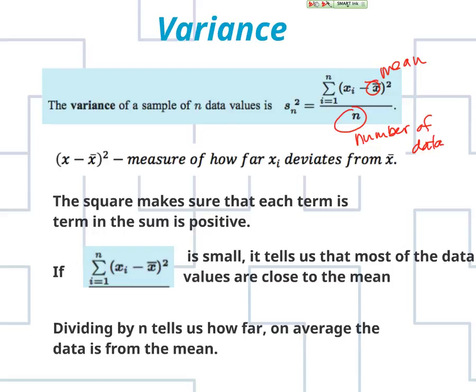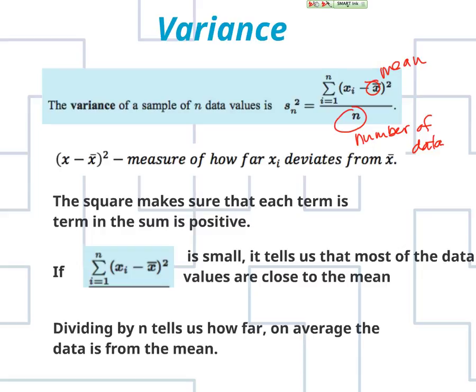So what we are actually measuring is how far every single data is from the average. So this x minus x bar squared is a measure of how far x sub i, just an individual data point, is from x bar, that mean. Now we square it so that we don't have some negative values.